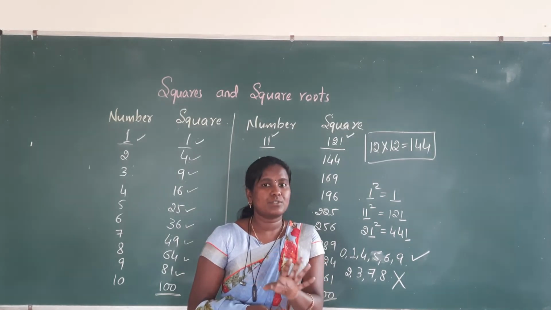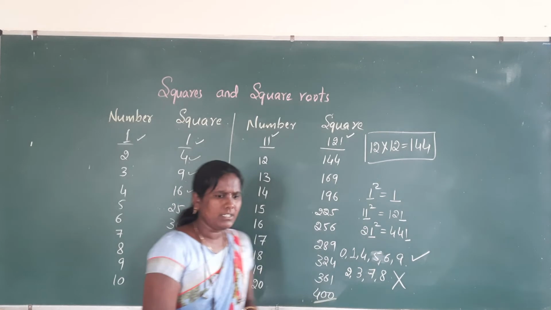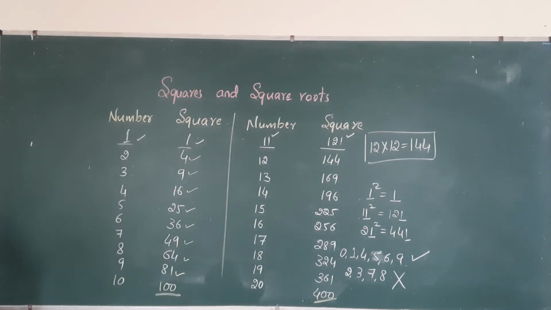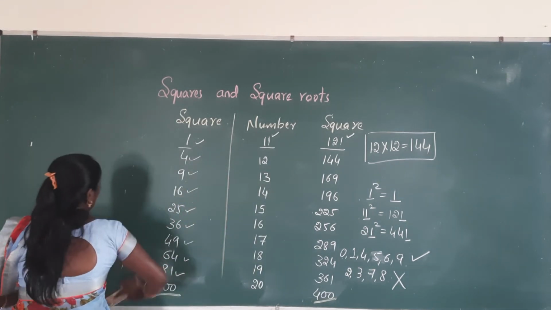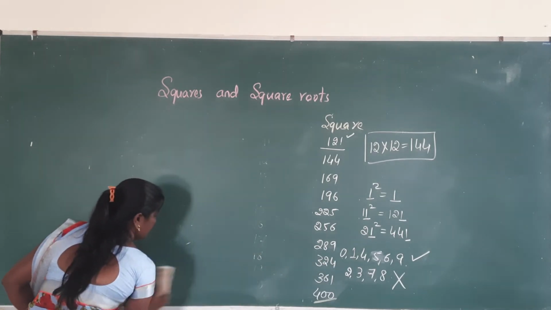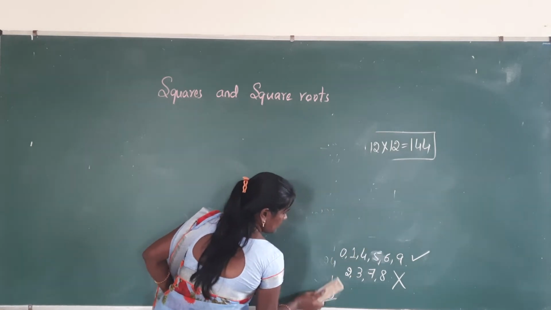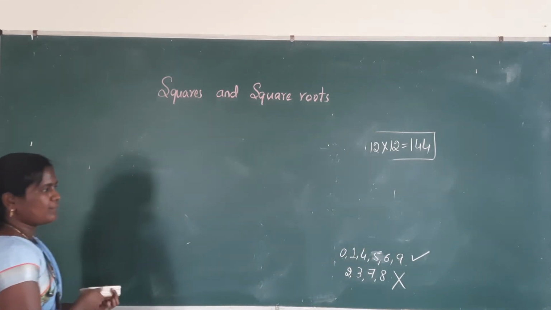It is not always true. For this I will give you an example. Consider some numbers which end with 0, 1, 4, 5, 6, 9.